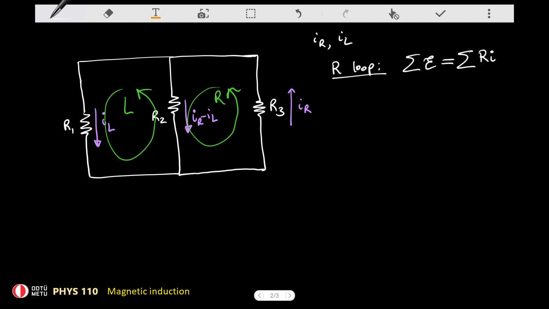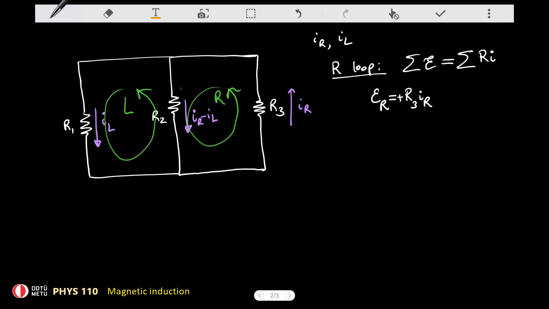So let's just do it for the loop on the right side. I don't know what the EMF is, so that's one of the things that we are going to find out. That gives us a sum which I'm going to call E sub R. For the R times I values, I notice that when I'm going around along the direction of the loop, on R3 I'm going parallel with the current, so I write plus R3 IR in here.